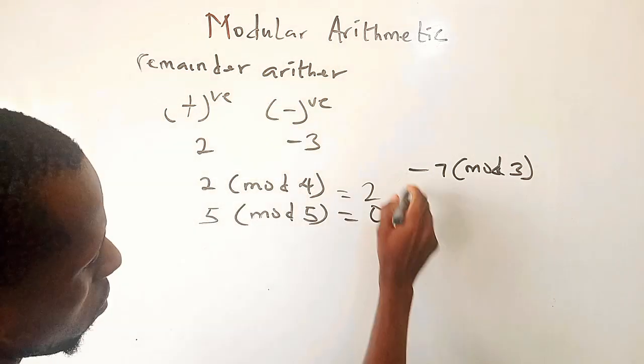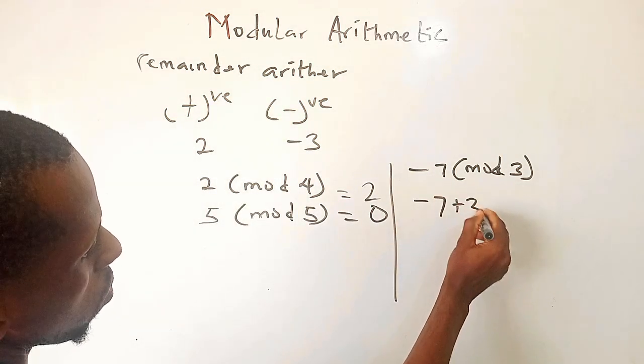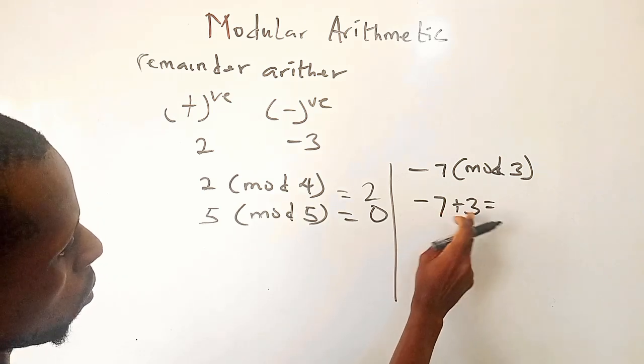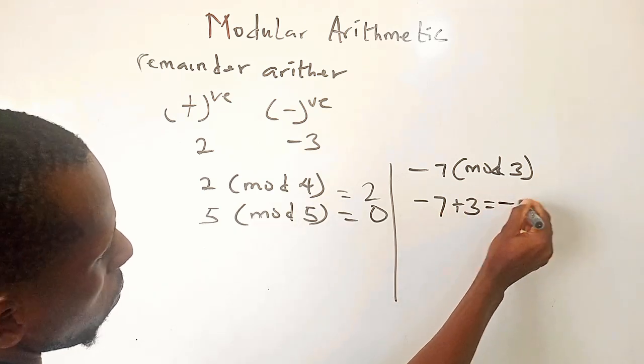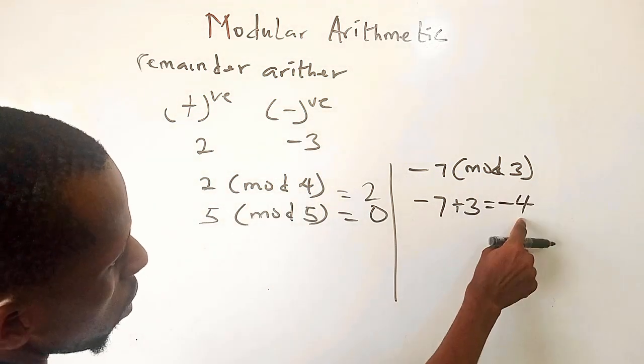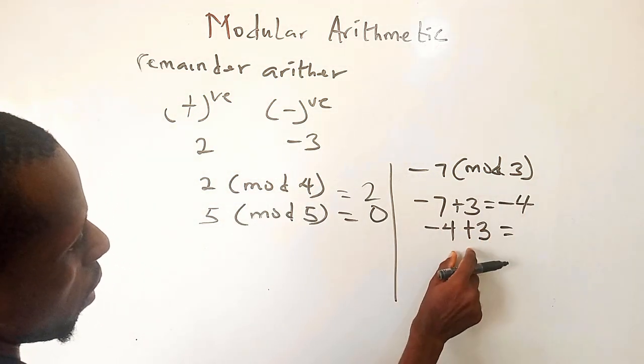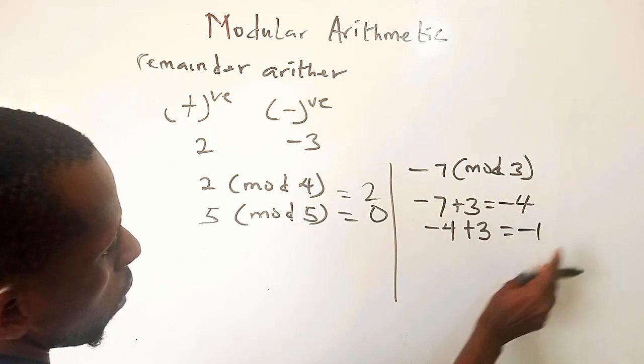What do I mean by that? When I have -7, I add 3 to it. -7 plus 3 is -4, still negative, so I keep adding 3. -4 plus 3 is -1.